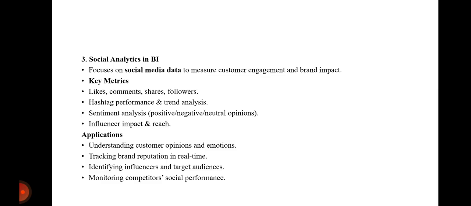So these insights can be used to not only make tactical adjustments like addressing an angry tweet, they can help drive strategic decisions also.